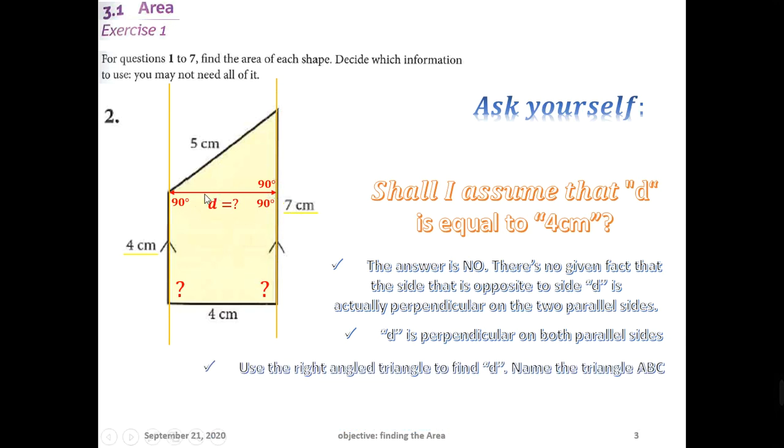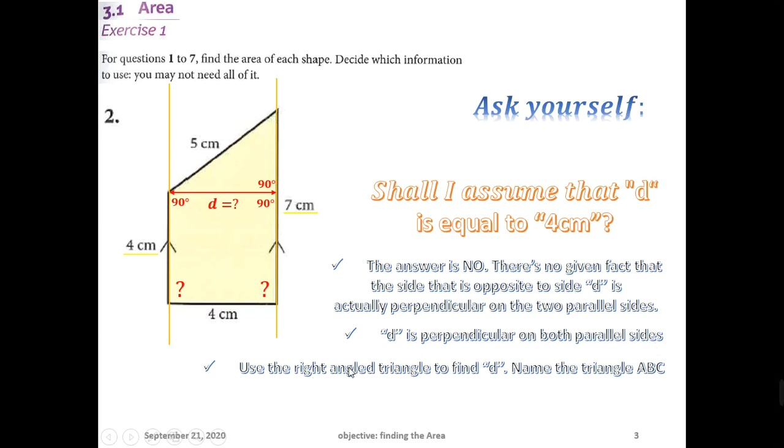As you can see here, once we drew this perpendicular height between the two parallel sides, we created this right angled triangle. As you can see, this is 90, and the side right across the 90-degree angle is 5 centimeters. Okay, so D is perpendicular to both parallel sides.